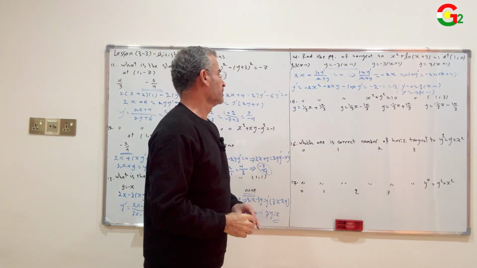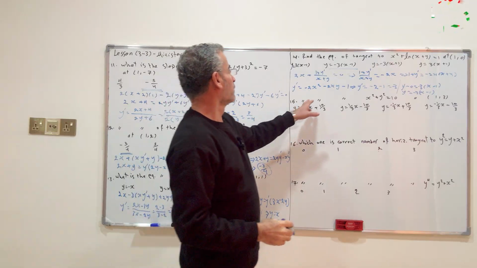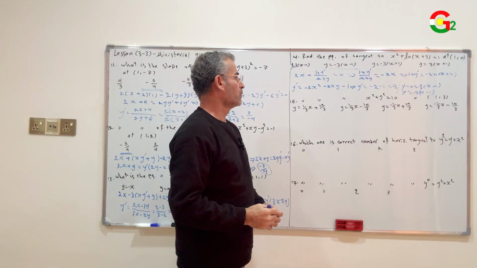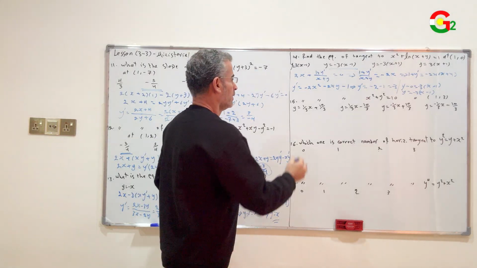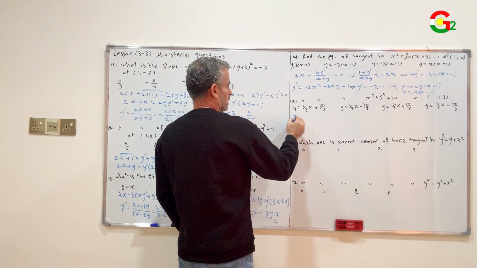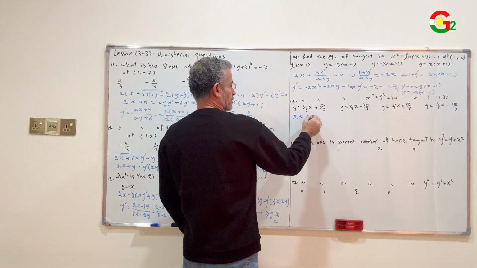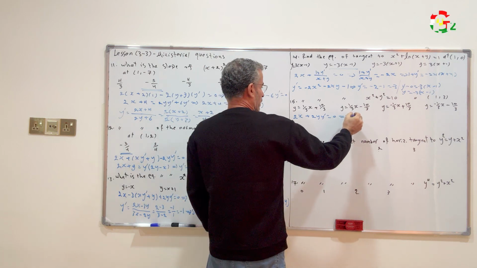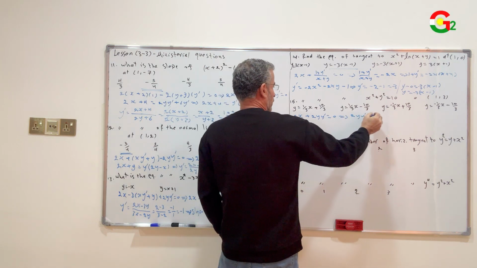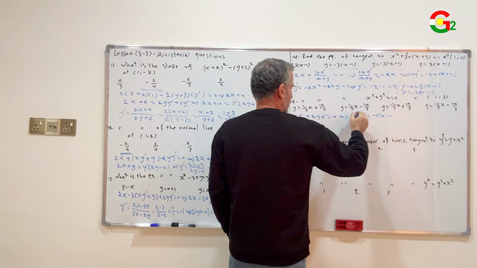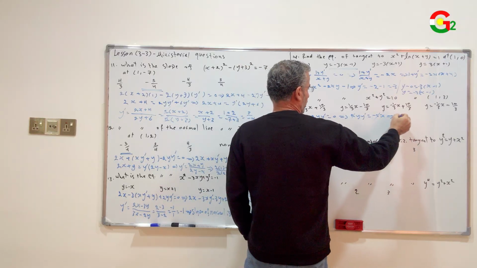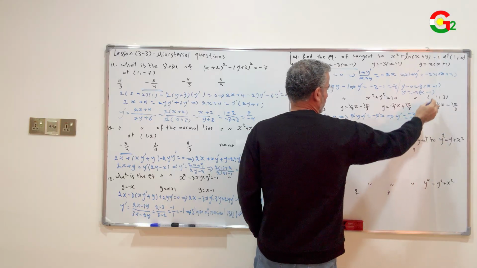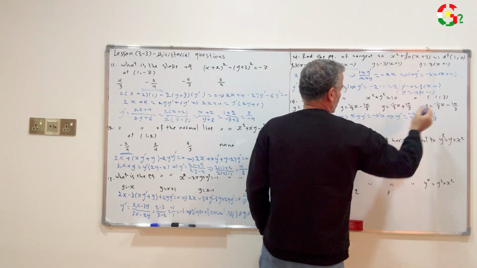Question number 15. Also find the equation of the tangent line to the curve x power 2 plus y power 2 equals 10 at the point (1, 3). First we find the slope: 2x plus 2y, y prime equals 0. Then 2y, y prime equals negative 2x. Divide 2 with 2, then y prime equals negative x over y. At the point (1, 3), it is negative 1 over 3.